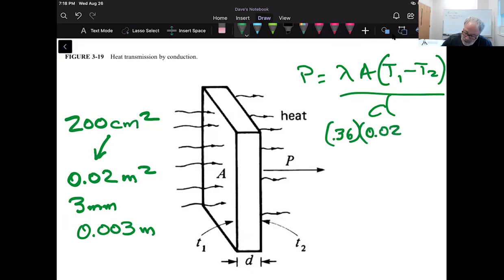Looks like we're dropping units. Temperature is, let's see, how do we know that? Well, it shows in one figure, but not the other. It shows us that the temperature here is 120 degrees, and the temperature on the other side is 70 degrees.